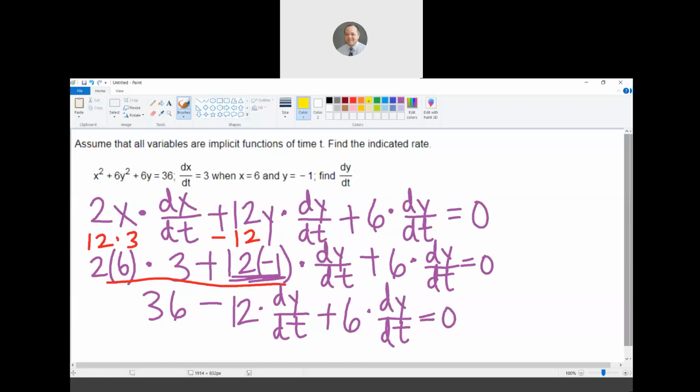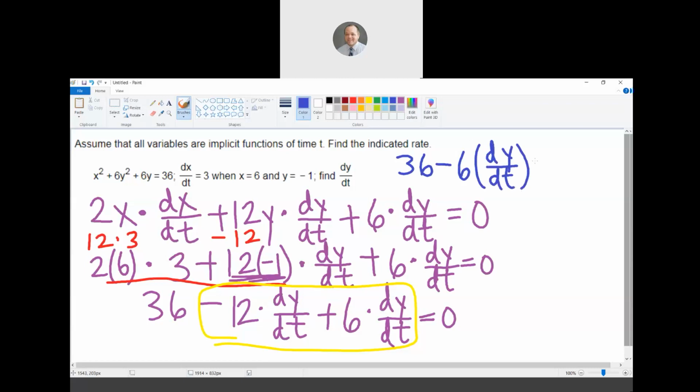However, what I can combine that are like are the dy dt's. So 6 minus 12 would give us a -6 dy dt equal to 0.